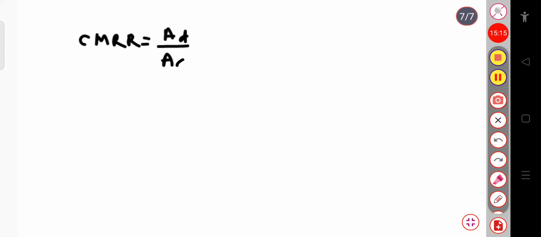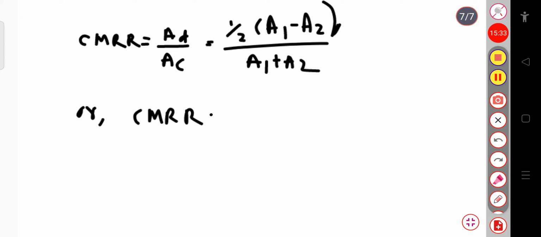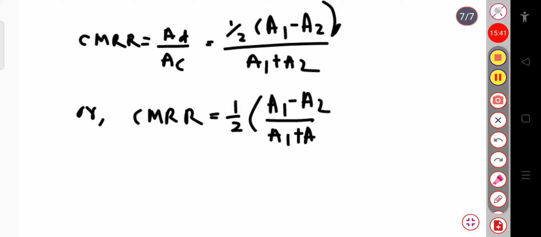AD equals 1 by 2 (A1 minus A2) and AC equals A1 plus A2. So the CMRR value is equal to 1 by 2 into (A1 minus A2) divided by (A1 plus A2). This is called the CMRR ratio.